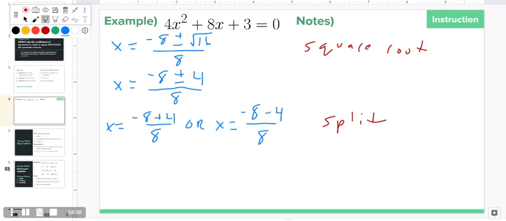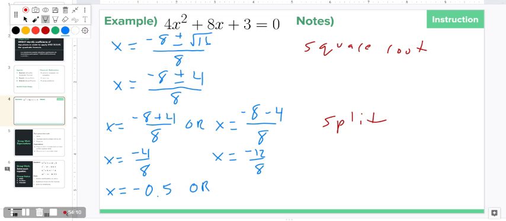So negative 8 plus 4 divided by 8 gives me negative 4 divided by 8. So in that case, x is equal to negative 1/2 or negative 0.5 if we want to use a decimal. Or if we work through the right-hand side here where we subtracted 4, x would be equal to negative 12 divided by 8.